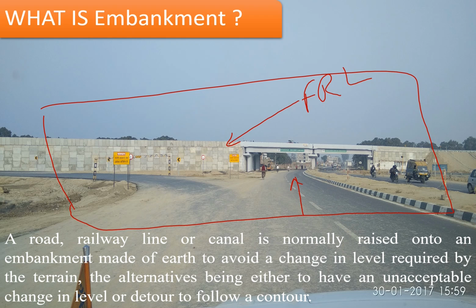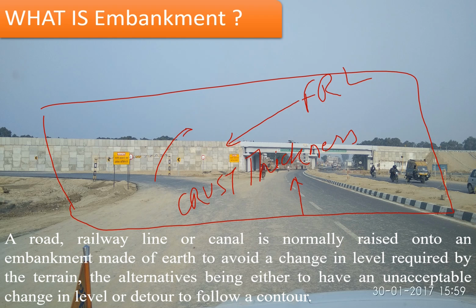Now, when you want to raise your construction level from one level to another, you need to increase the height of construction. But since your crust thickness is fixed, we call it crust thickness, which will be defined in the upcoming slides.